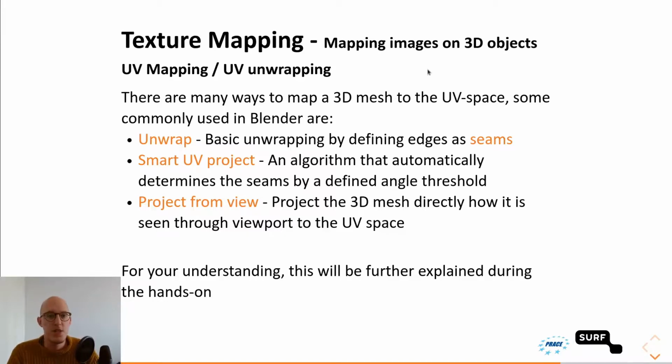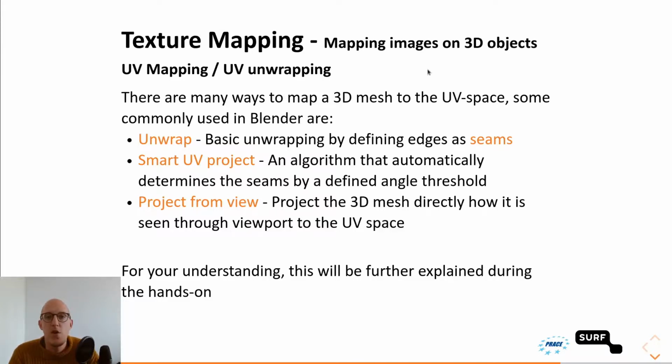And the second type is the Smart UV project, which is an algorithm that automatically determines the seams by a defined angle threshold. And this is very useful when you have a very complex geometry and you don't know exactly how you want to unwrap your object into the UV space.